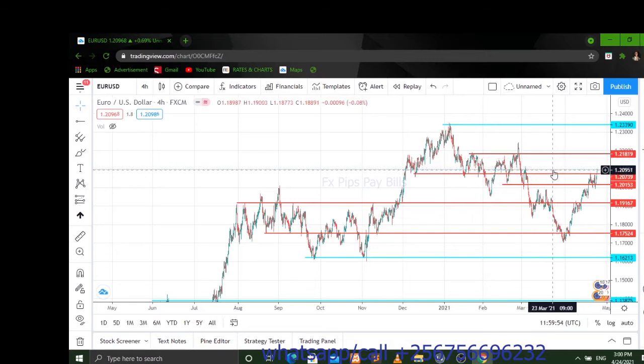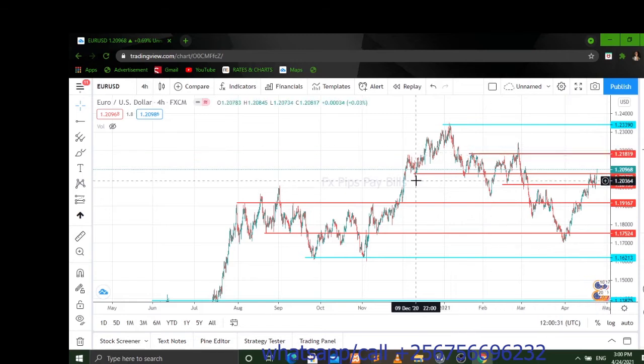The line above the market is the resistance and the line below the market is the support. So the moment the market price goes up and breaks out of this line, the former resistance now becomes the support, and the upper line becomes the resistance. The support is always down, such that when market comes it sits on it and then it goes back.